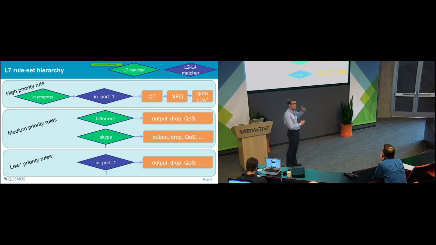And then at some point, you will know, okay, this is SSH, this is BitTorrent, and then you can classify directly and do what you have to do. So the idea is to have layer 7 rules with higher priority than layer 4 only. Of course, here you can add layer 4 also, like you can do this per VM, with this kind of port, because you may not want to have layer 7 classification for all ports.